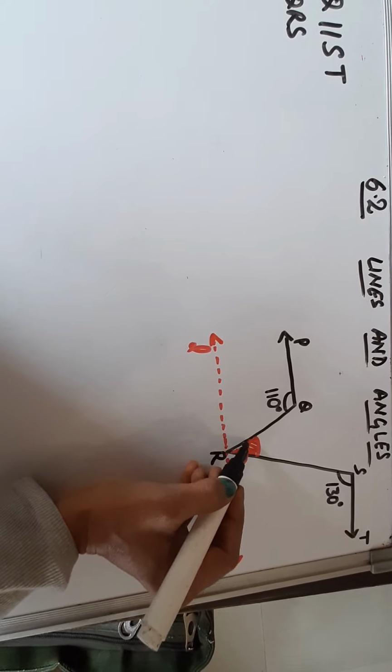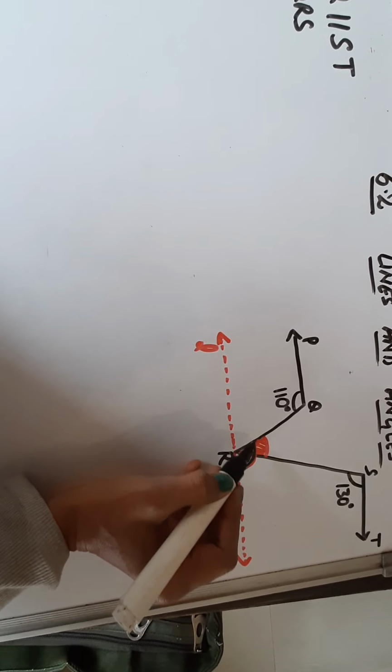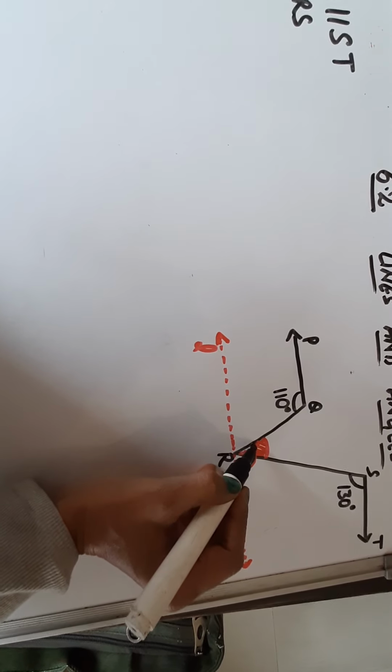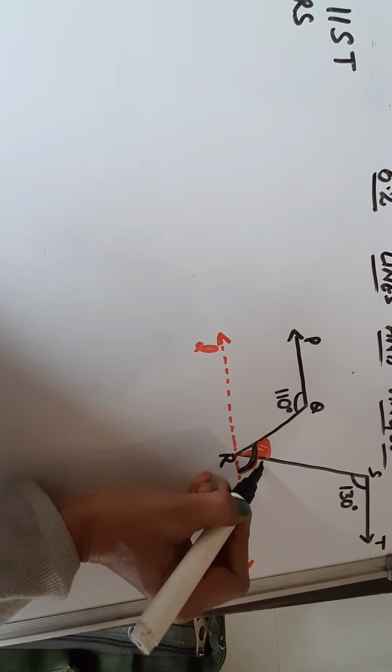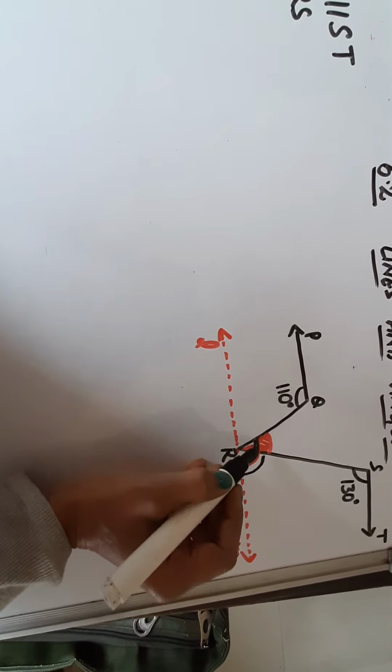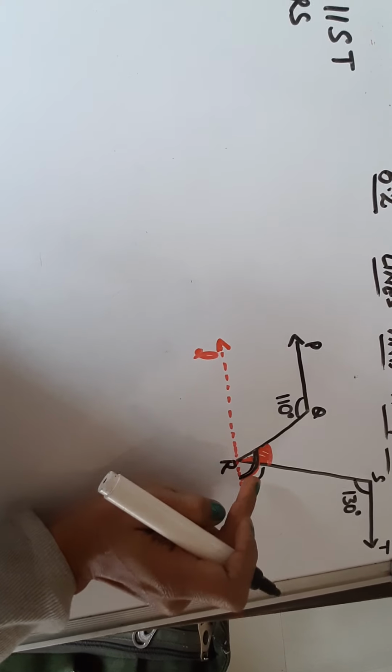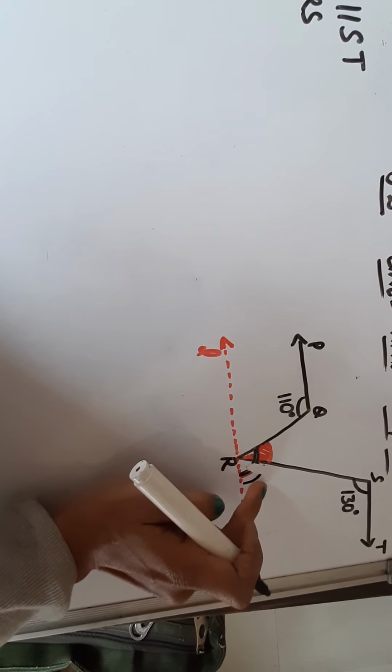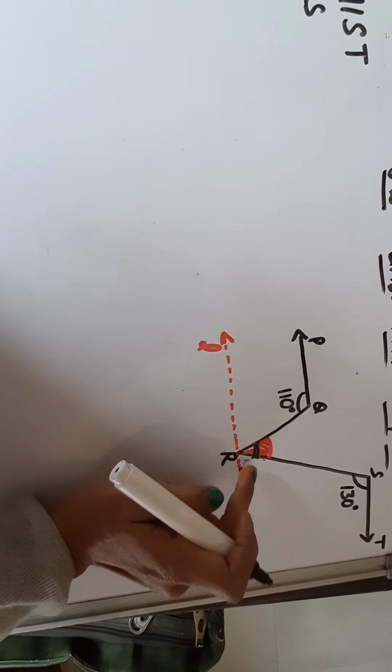Now to find out this red part of this complete angle, if I subtract this much part from the complete angle, from the black portion, I am left with the red angle.